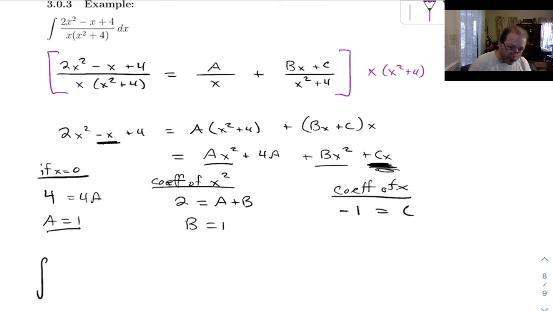So I can rewrite my integral as the integral of 1 over x plus bx plus c, so that's x minus 1, over x squared plus 4.